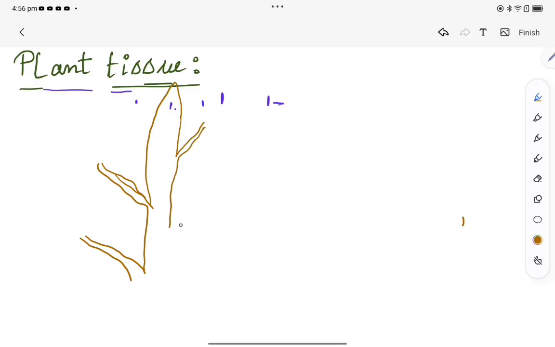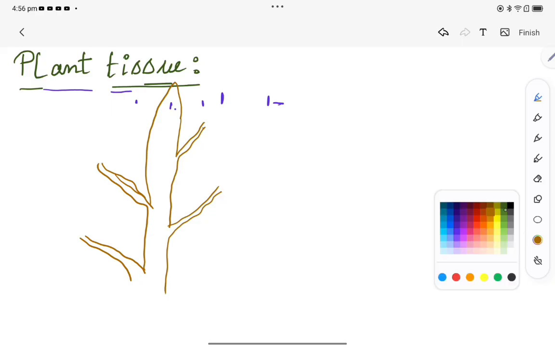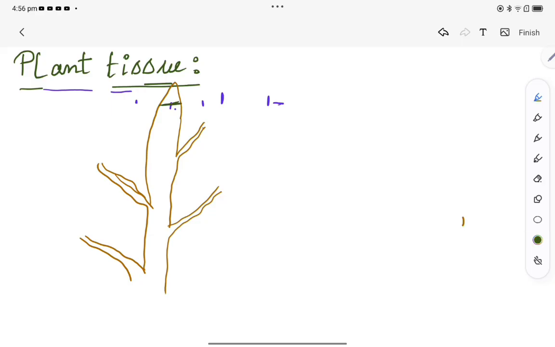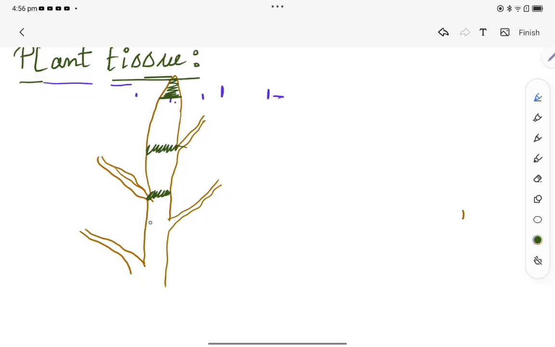Now if we say that this is a shoot, the meristems will be found here, from wherever any branch is arising, here and here.